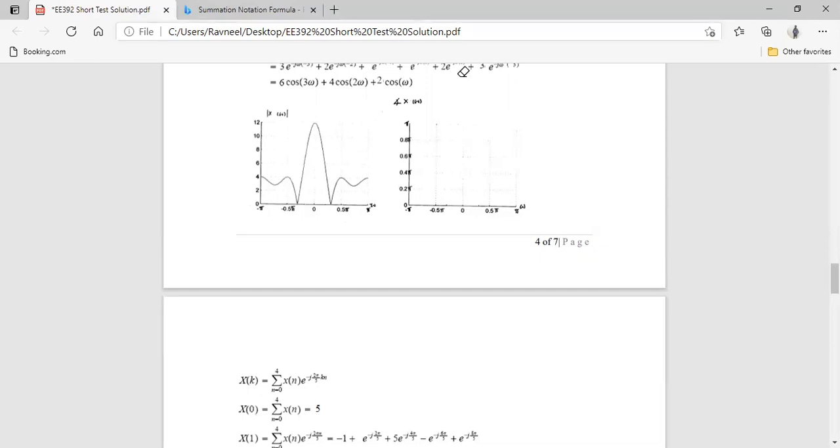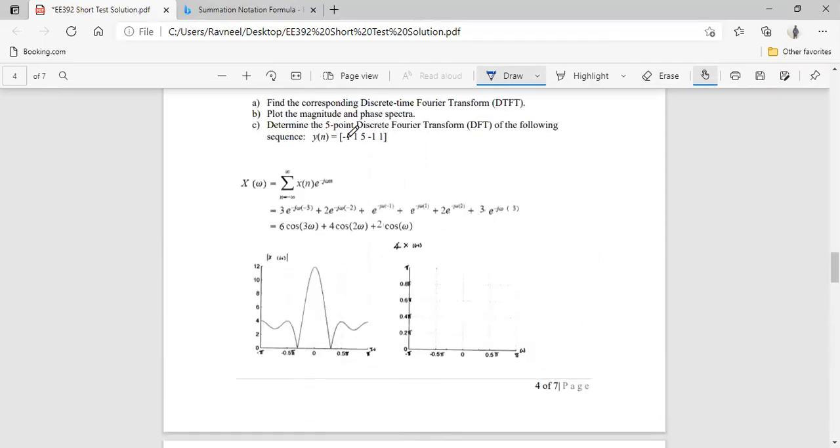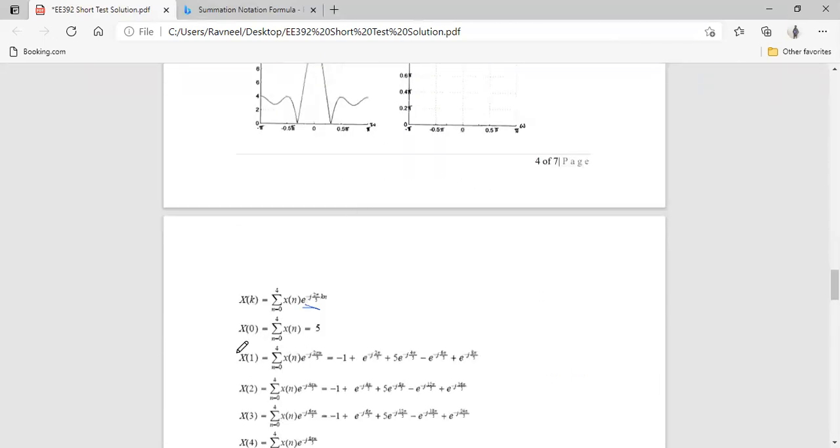This whole term turns into 1. So we are just summing up x of n: -1 plus 1 plus 5 plus -1 plus 1. This -1 cancels off with this 1, so we are left with the summation of 5. So X of 0 is equal to 5.